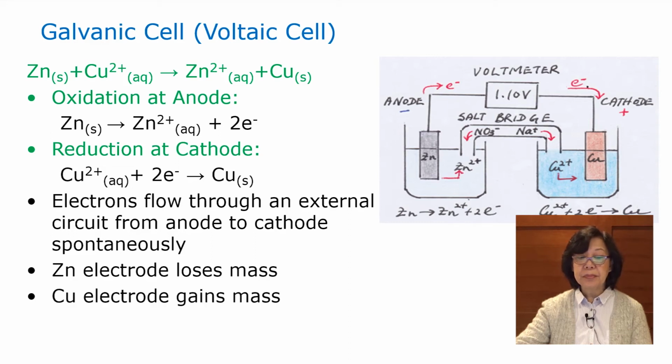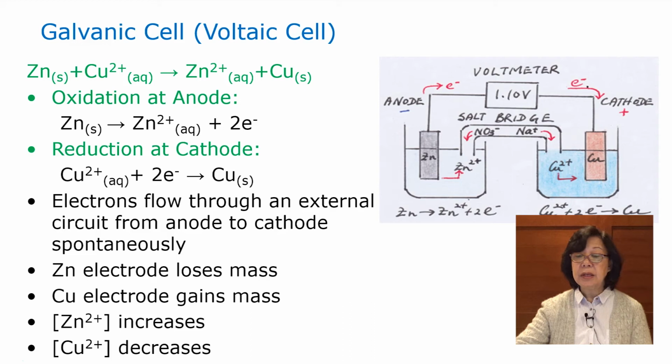The copper ion is reduced to be deposited as copper metal on the copper electrode. Therefore, the copper electrode will gain mass. If we examine the zinc ion concentration in the left compartment, it will increase as more zinc ions are being made. And the copper ion in the right cell will decrease because it's being reduced into copper metal.